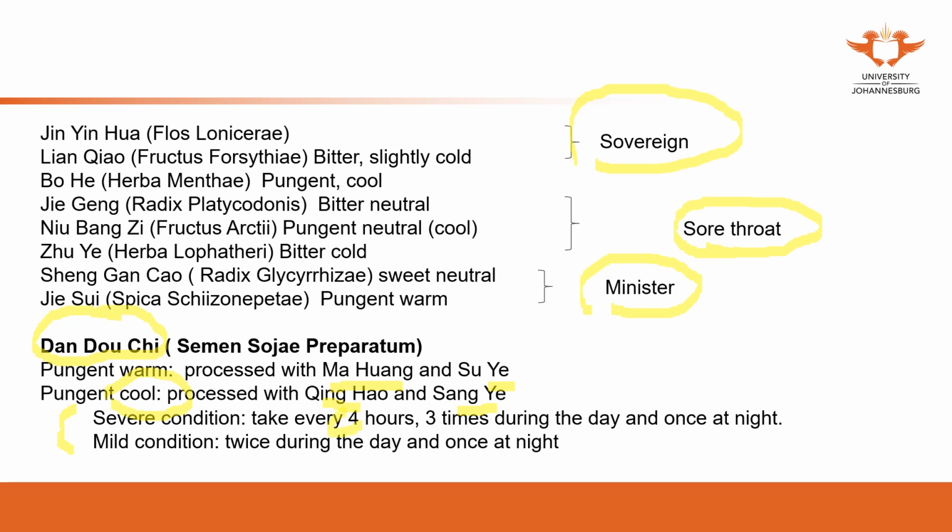In a mild condition, we can take it twice a day and once at night. So this is an example of the administration of the herbal medicine, how to take and when to take, how many times we need to take. It depends on whether the condition is severe, mild or moderate.